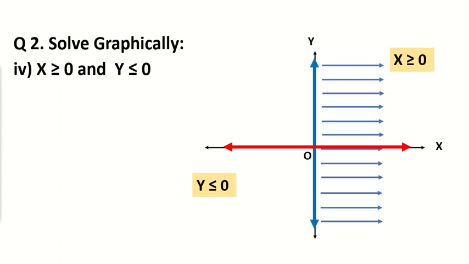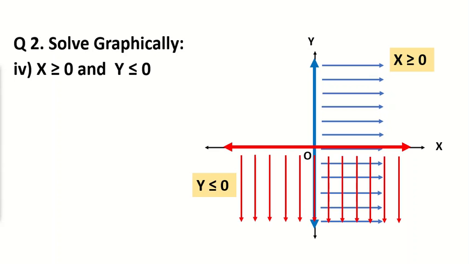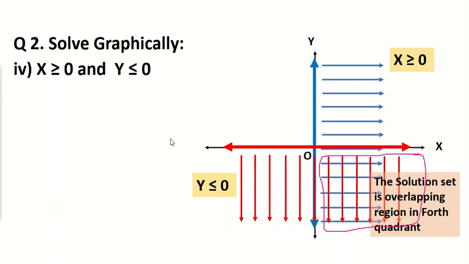Now draw the line y equal to 0. The region will be all values less than 0. Here the overlapping area, if you observe, is nothing but my fourth quadrant. So the solution for this problem will be all the points in the fourth quadrant.